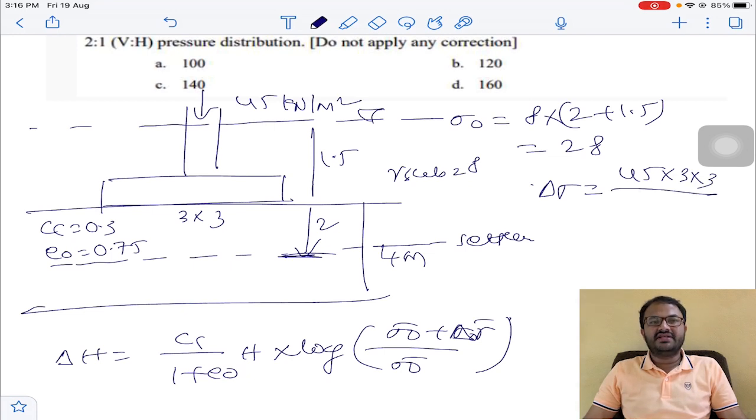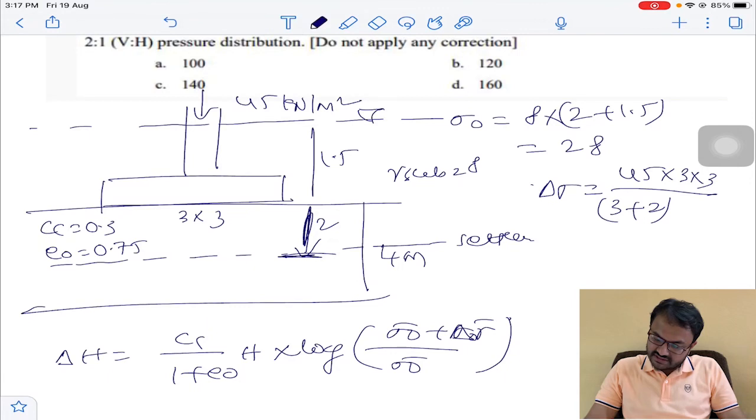I am converting the pressure into load, and so B plus Z will become 3 plus 2, it is the depth 3 and width is 3 plus 2 times 3 plus 2. So you will get 14.4.